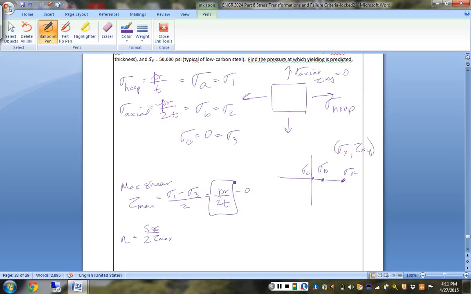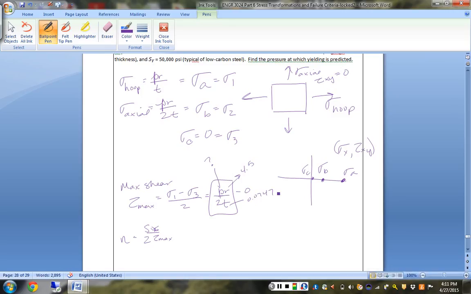But that is the max shear stress. So what do I know? I'm asking for the pressure. That's my unknown. I know the radius is half the diameter, and I'm going to assume that the thickness is 0.0747.